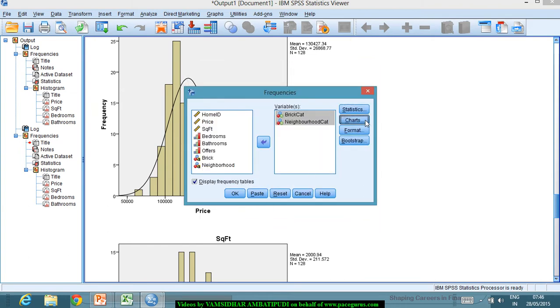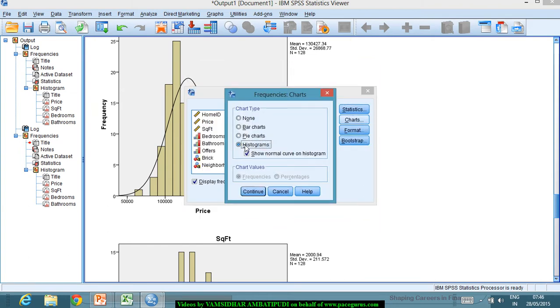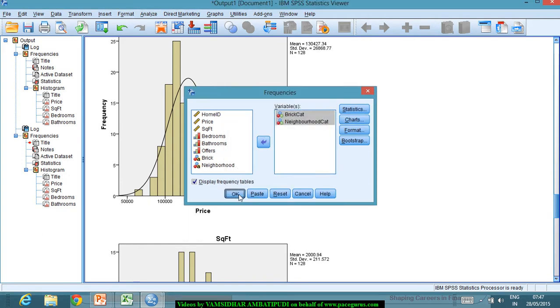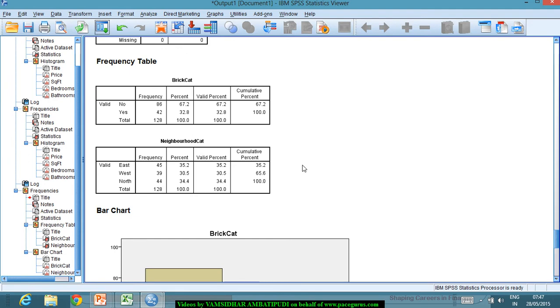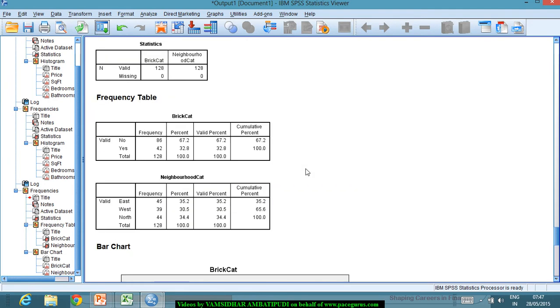So I'll go with either a bar chart or a pie chart for them. Let's say a bar chart. Okay, or I don't need to go with any chart also. I'll go with a frequency table.